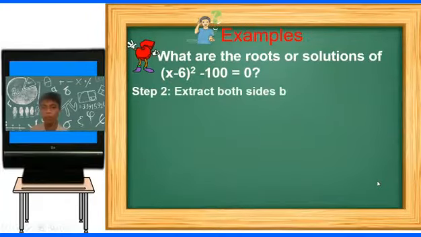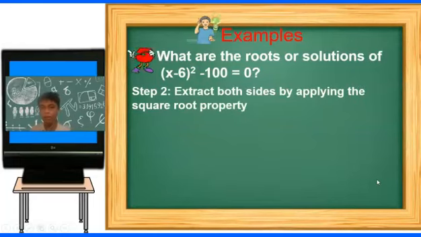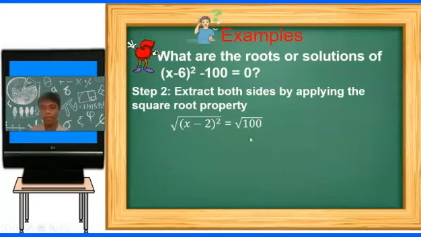Step 2. Extract both sides by applying square root property. So, ganito gagawin natin. Get the square root ng quantity x minus 6 squared is equal to square root ng 100. So, paano isa-simplify na sa left side? Pwede nating eliminate yung exponent niya.